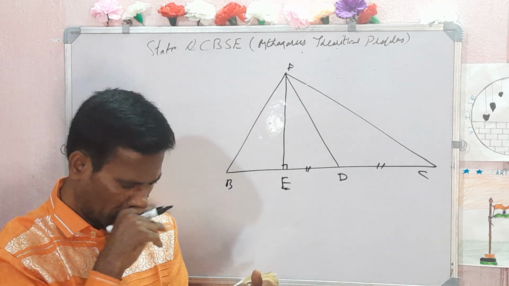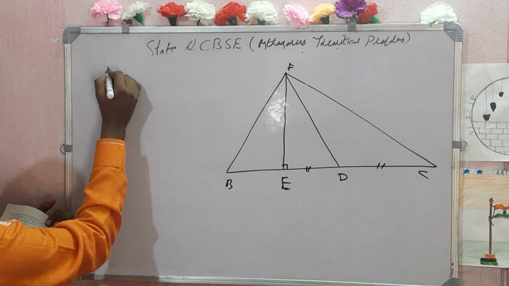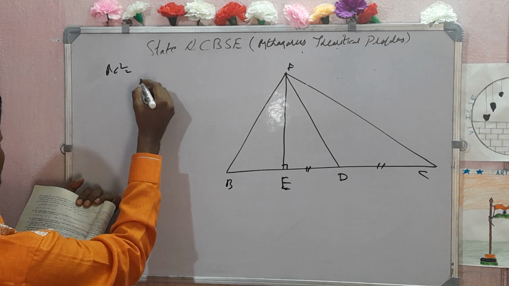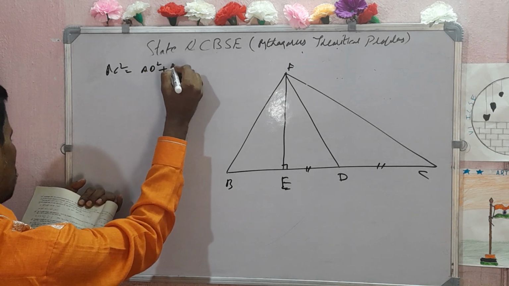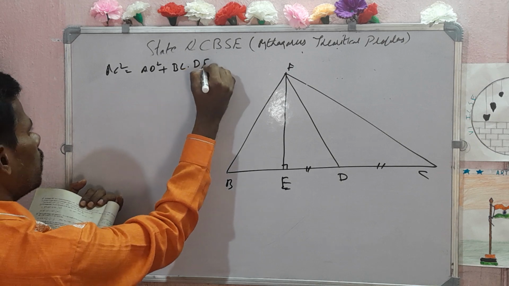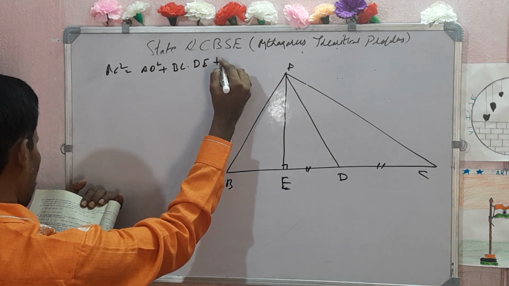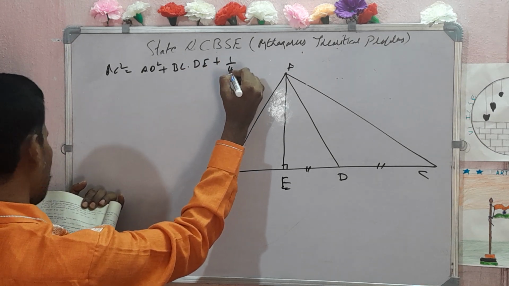Prove that AC square is equal to AD square plus BC into DE plus 1/4 of BC square.